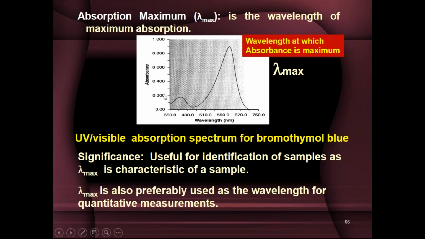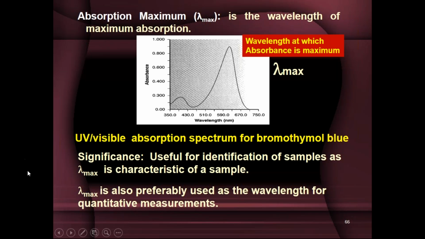The common mistake made by students is to call this the maximum wavelength of absorption. That is totally wrong. The correct way to define absorption maximum or lambda max is that it is the wavelength of maximum absorption. It's not the maximum wavelength. So be very careful when you define lambda max.